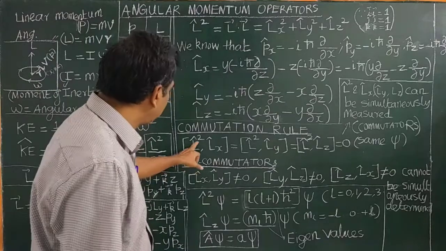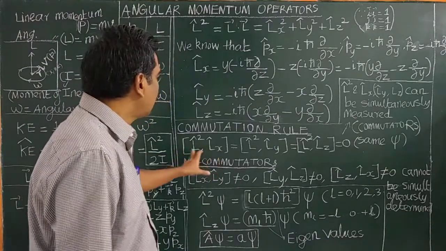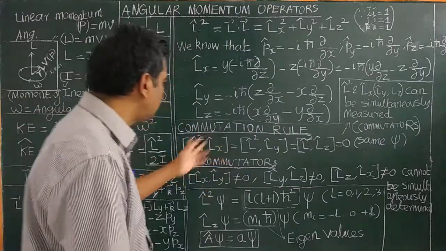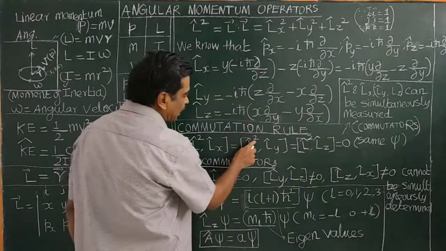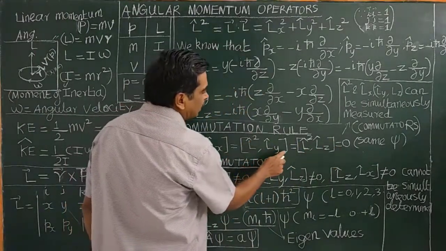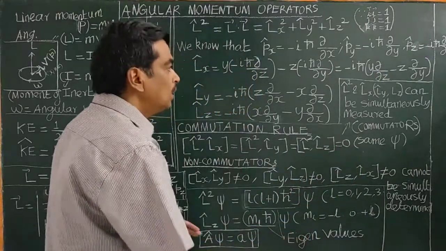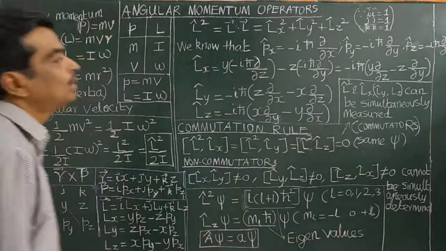Lz squared comma Lx, the square bracket, is the commutator. If the two operators are commutative, then it equals 0. For example, L squared with Lx, L squared with Ly, and L squared with Lz are all equal to 0. That means the two operators are commutative.